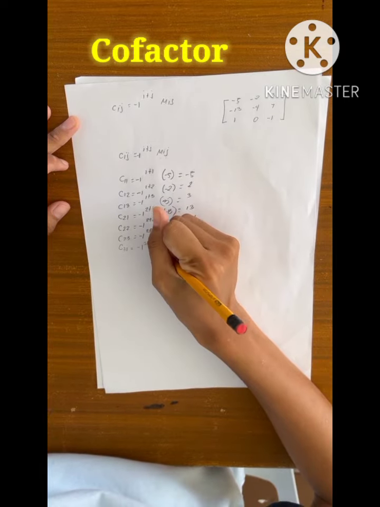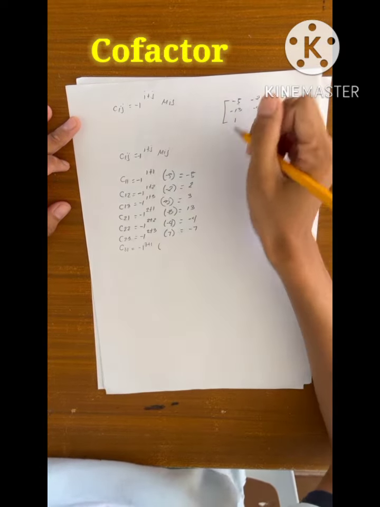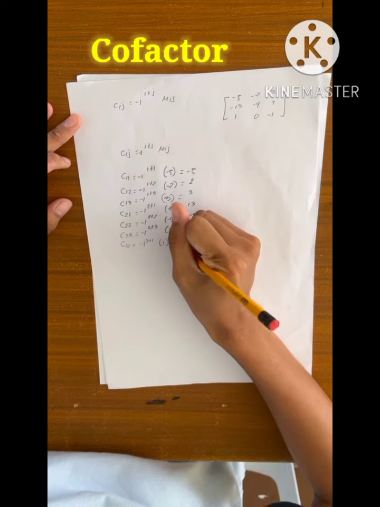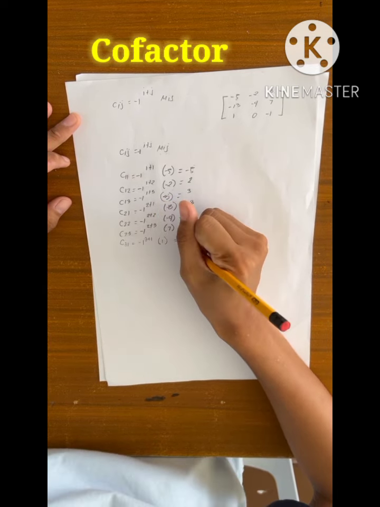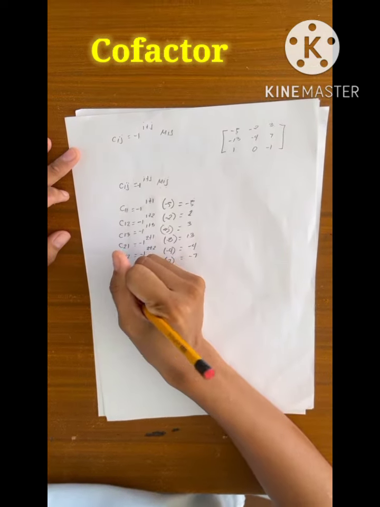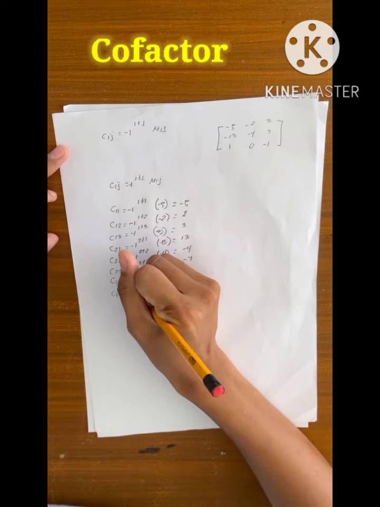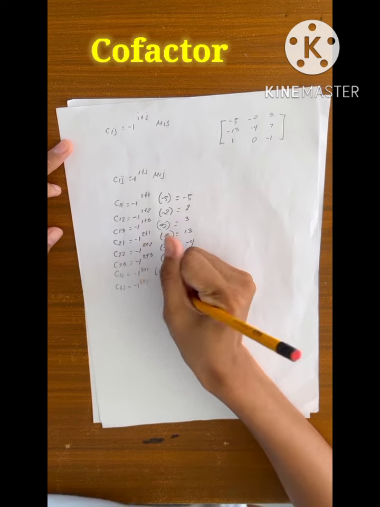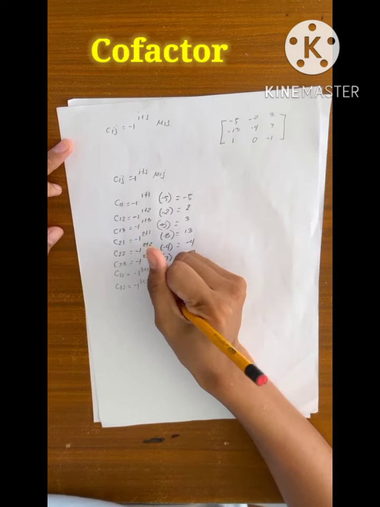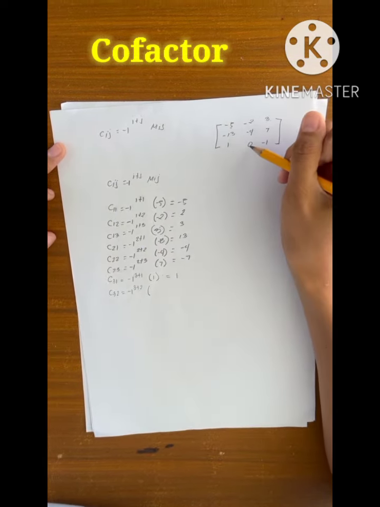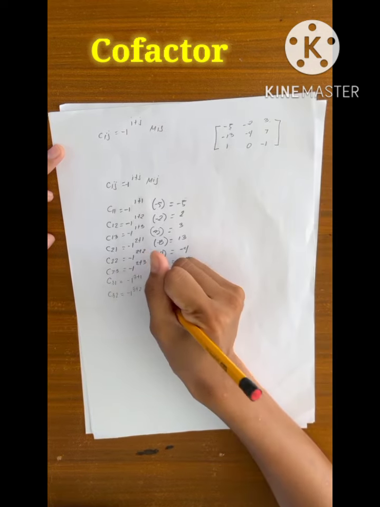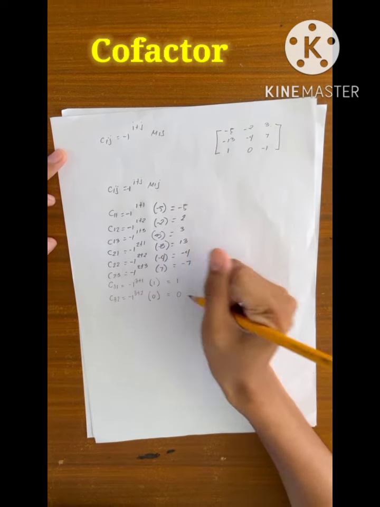Then our value of M31, which is 1, multiplied by 1 is equal to 1. Then our C32 is equal to negative 1 raised to the power of 3 plus 2 multiplied by our M32, which is 0, then our answer is 0.